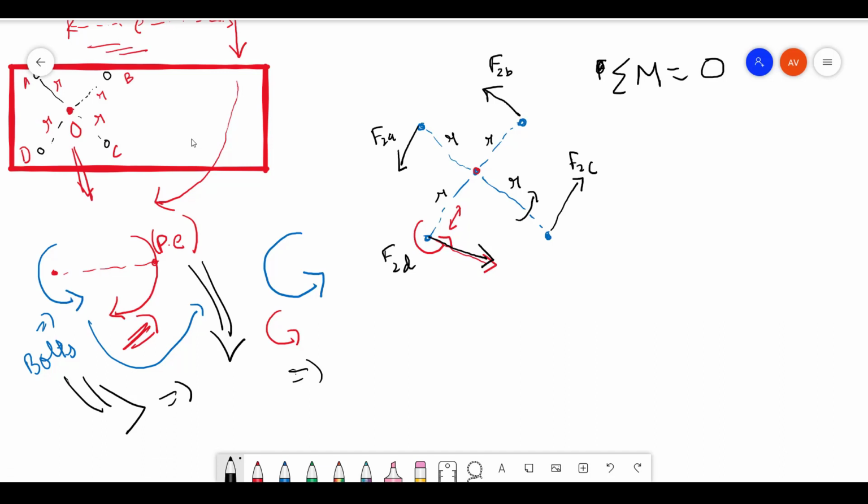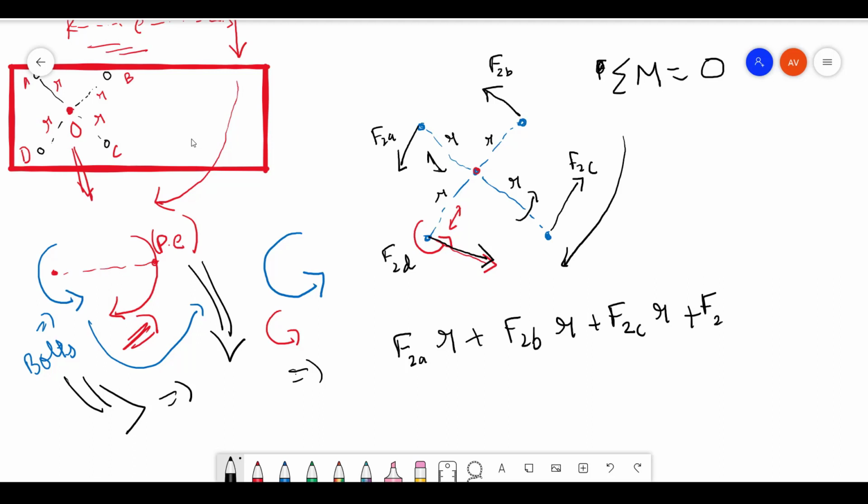So what you can write from here is F2A into R, that is one moment, right? Same way F2B into R plus F2C into R plus F2D into R, and again minus this particular moment by the eccentric load PE.